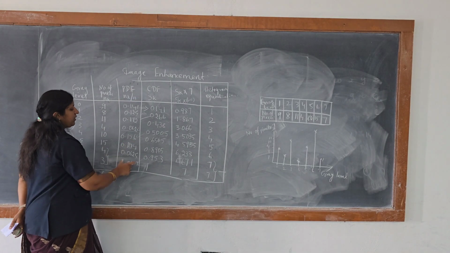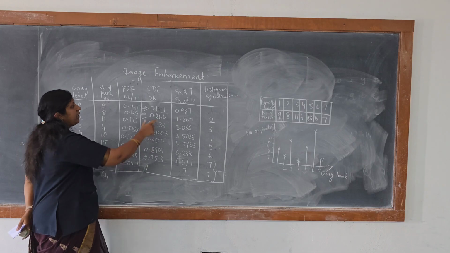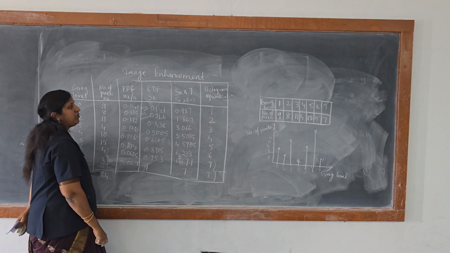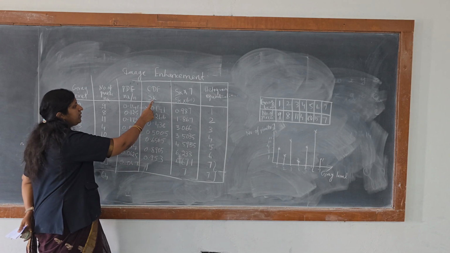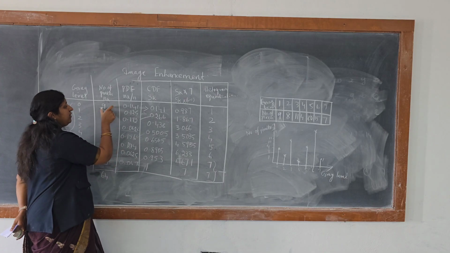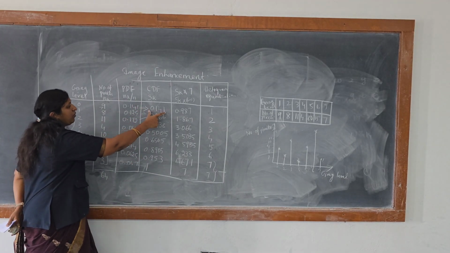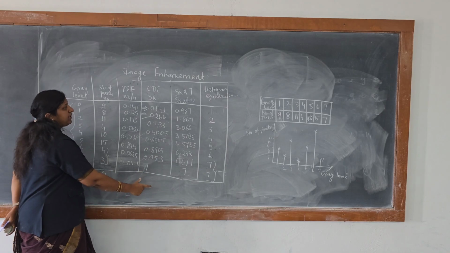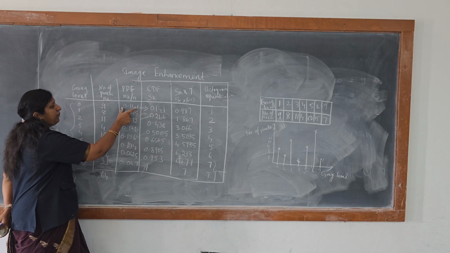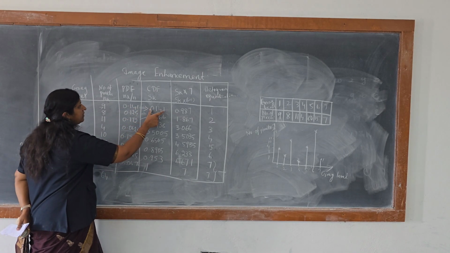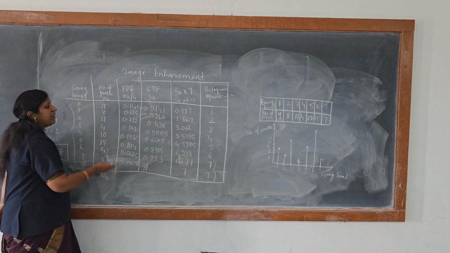Okay, so after calculating the PDF value, we can calculate the cumulative distribution function, that is represented as Sk. How are we calculating the CDF? We take the same PDF as CDF for the first value.